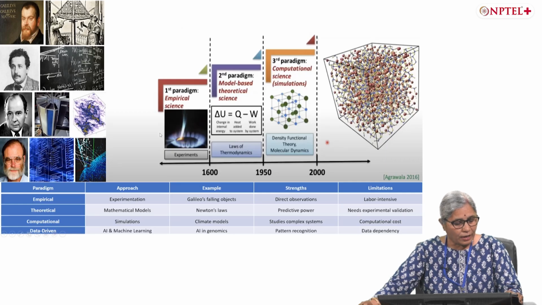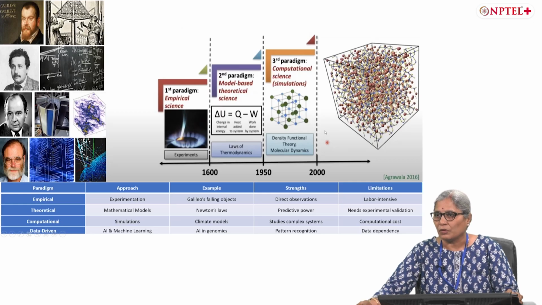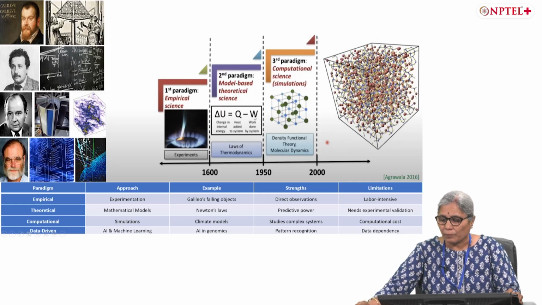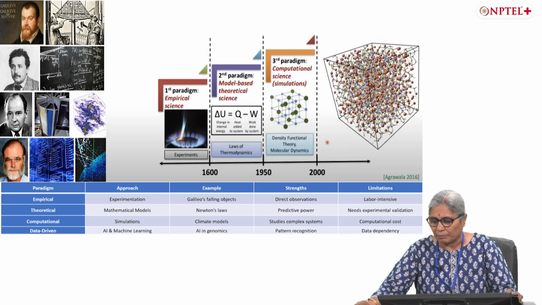For example, empirical methods need experimental validation, and a data driven method depends upon the accuracy of the method and also on the quality of the data set you are using. These are the four paradigms generally put forward for computational methodologies developed till now.